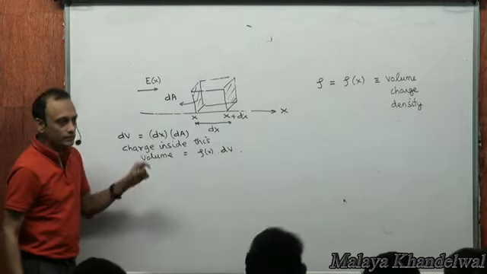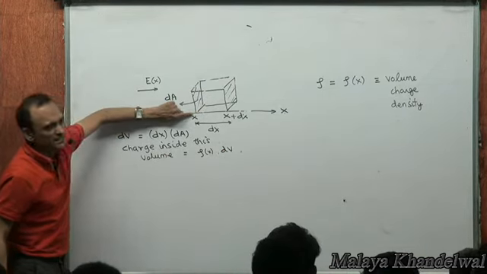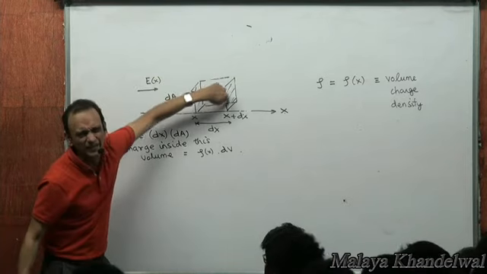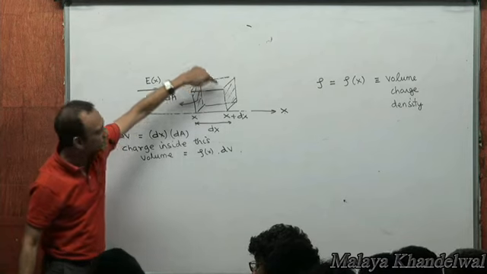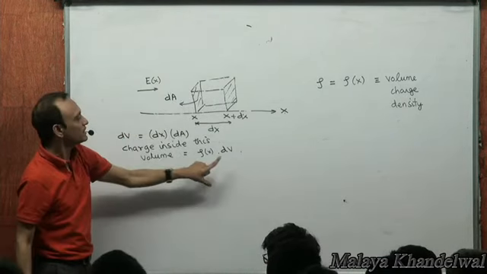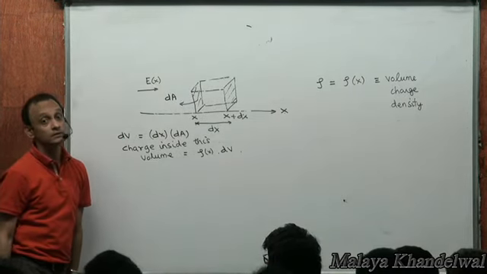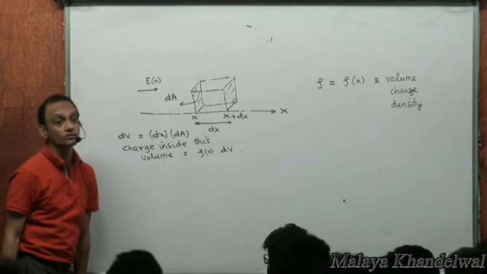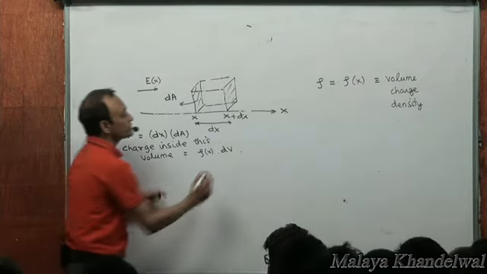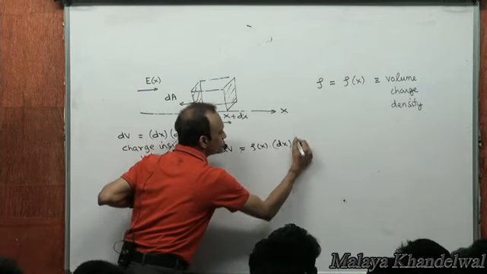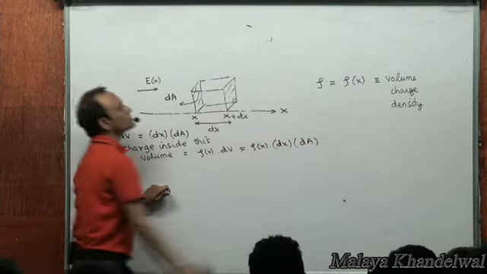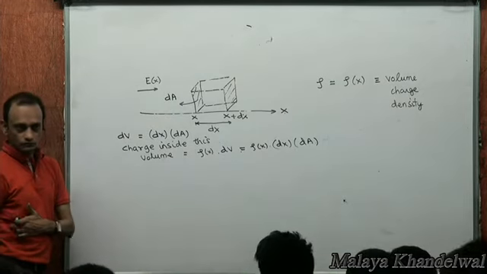Rho at x is practically the rho everywhere in this region, almost. You know what I'm saying? That's the charge inside this volume, which is rho at x into dV, which is dx into dA. Yes or no?